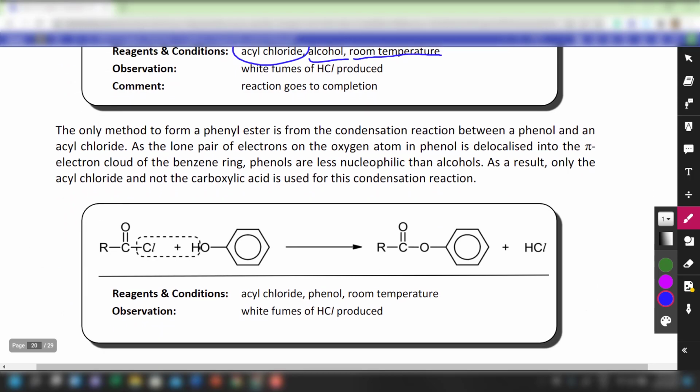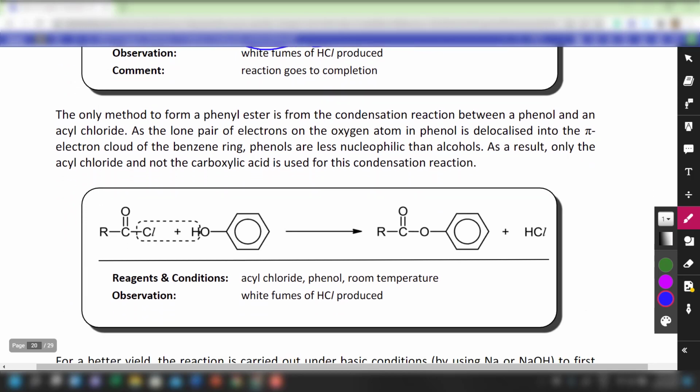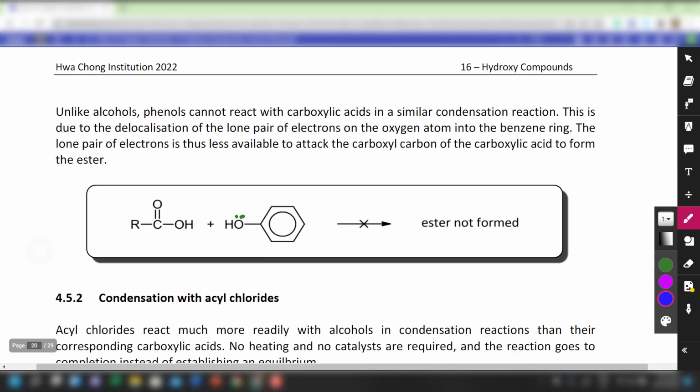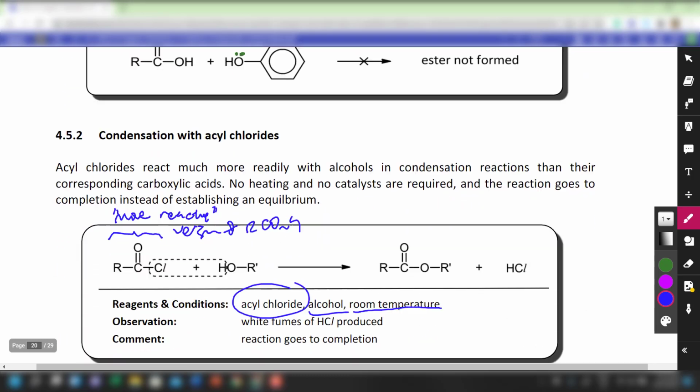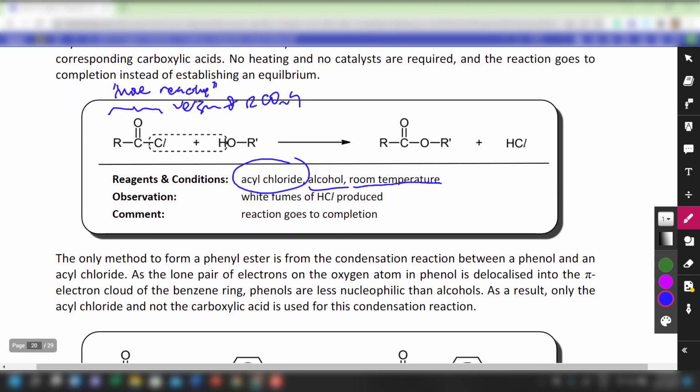So remember earlier on, we made a very important point. We said that the lone pairs of electrons on phenol partially delocalize into the phenyl ring, so it makes it less available to nucleophilic attack on the carbonyl carbon. But what if we want it to react nonetheless? In that case, we have to change the nature of the carbonyl carbon, and we need to change to an acyl chloride functional group.